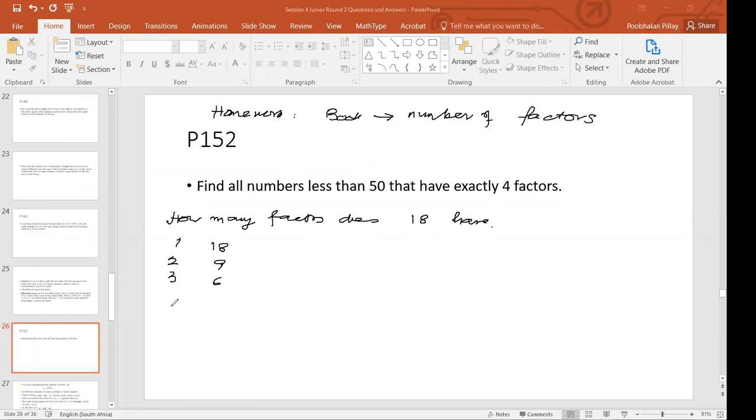You can go to 6, but then you get 6 and 3, which you've already got. So there are 6 factors. The answer is 6.